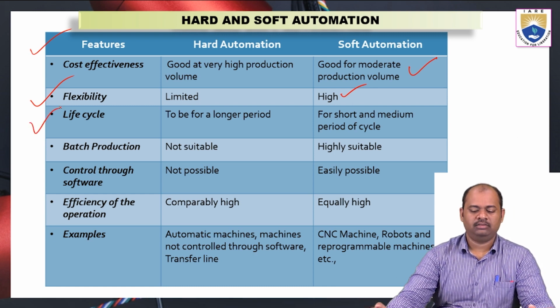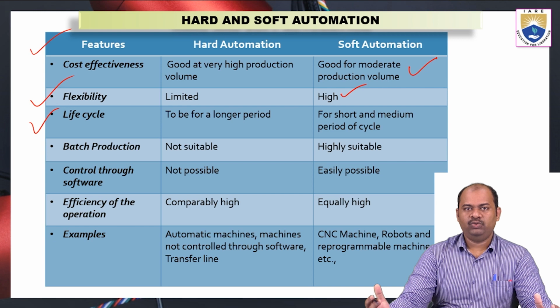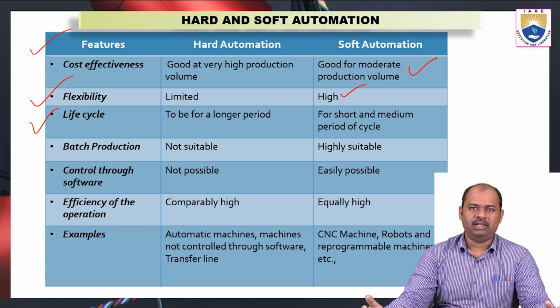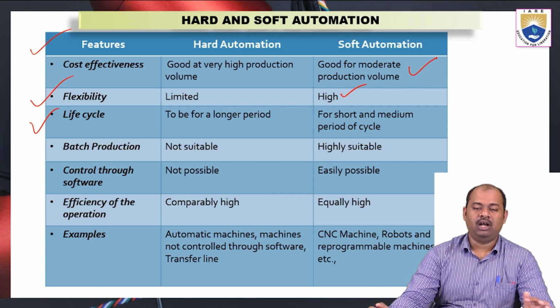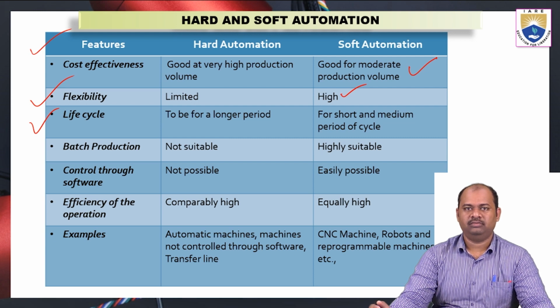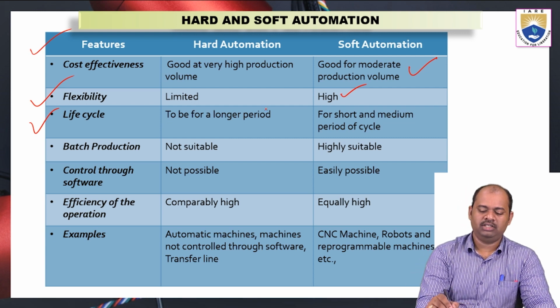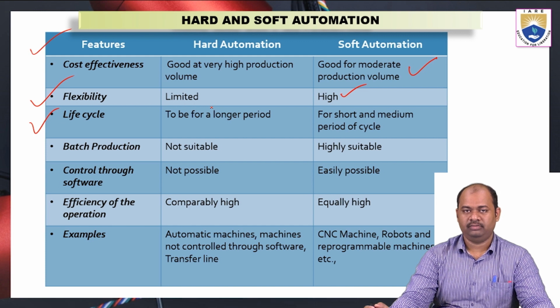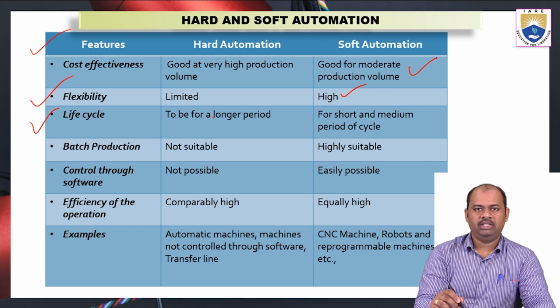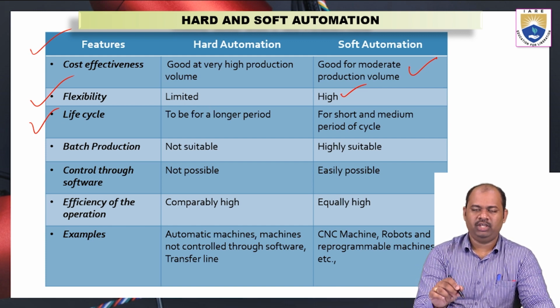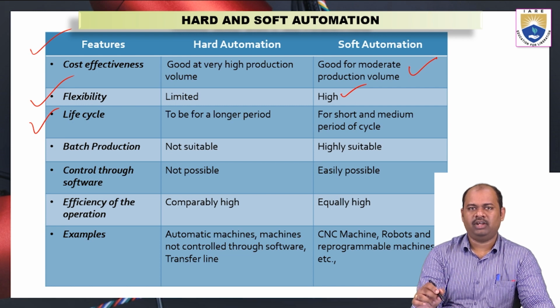And then life cycle. When we want to use the automated system for a longer time, hard automation is very useful. These systems can be used for longer periods, without changing any predefined program, continuously for years.